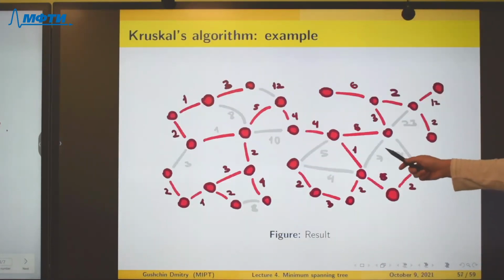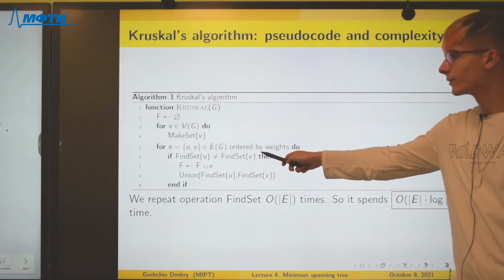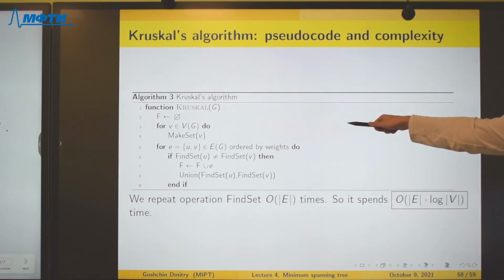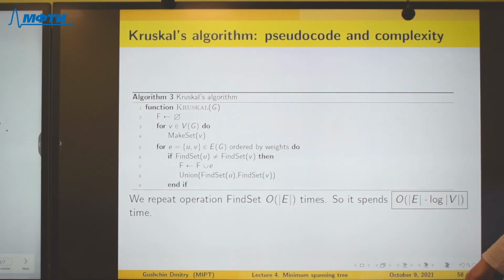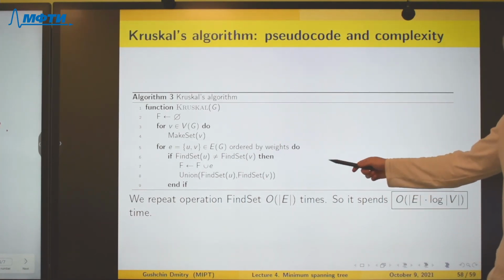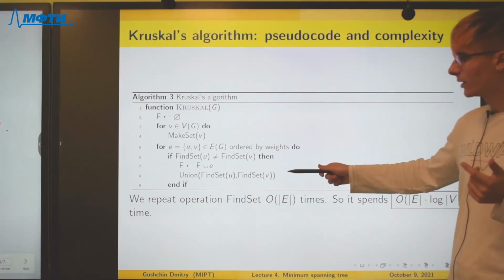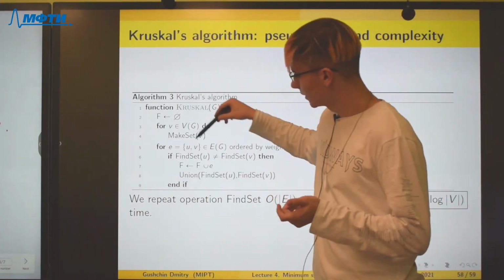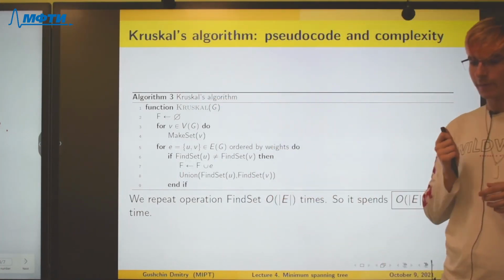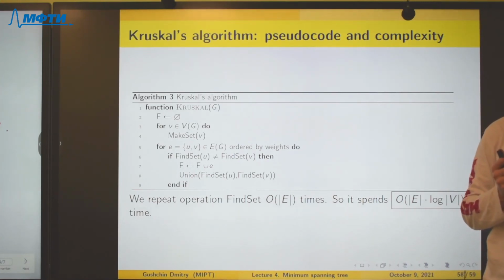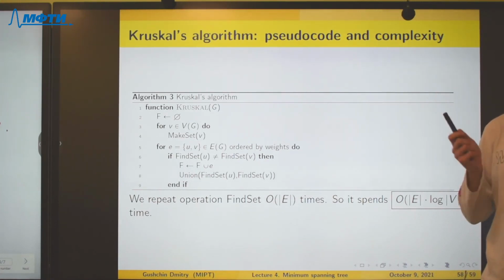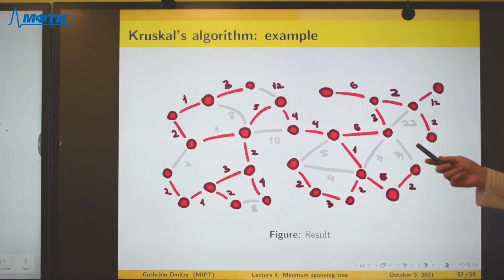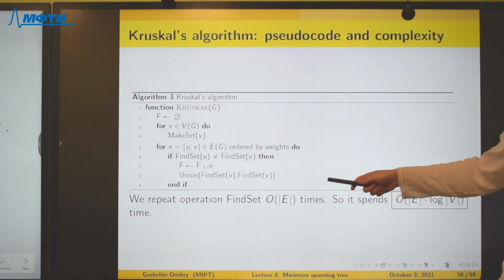So we repeat for each edge of these lines, and in the end we get one big set equal to the set of vertices, and in F we get our minimal spanning tree. We store our minimal spanning tree that we get as the result of this algorithm in structure F.